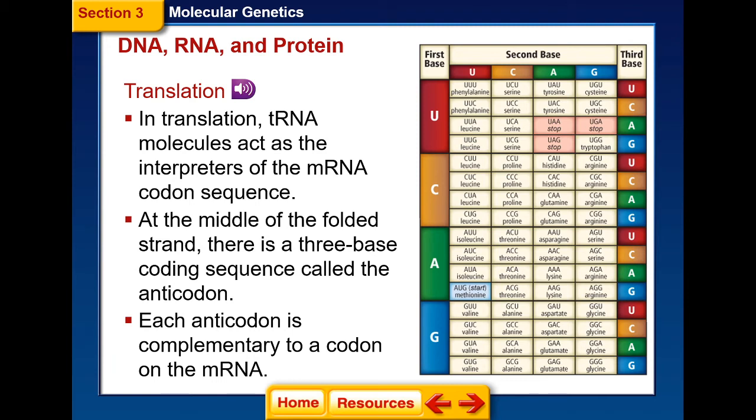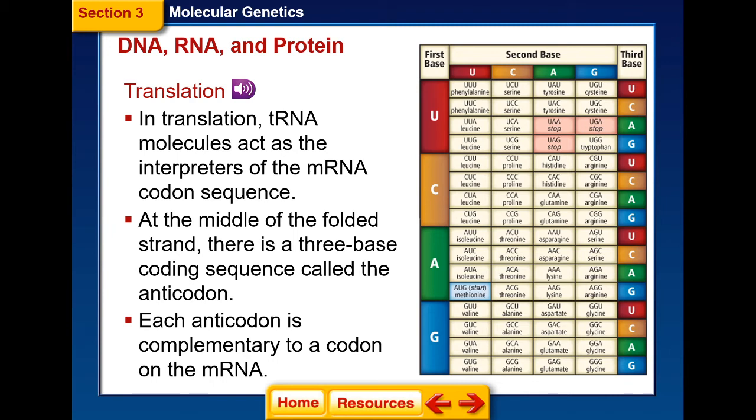In translation, tRNA molecules act as the interpreters of the mRNA codon sequence. At the middle of the folded strand, there is a 3-base coding sequence called the anticodon.